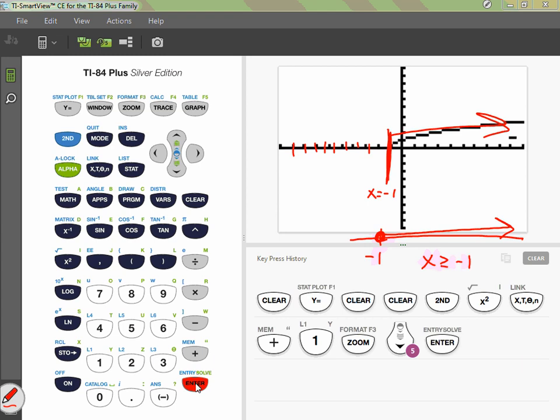So we can always go and look at these things in the graphing calculator. But sometimes I am going to ask you to algebraically do it, to do it without the picture. So just make sure that you're able to do both. Let's clear that out.